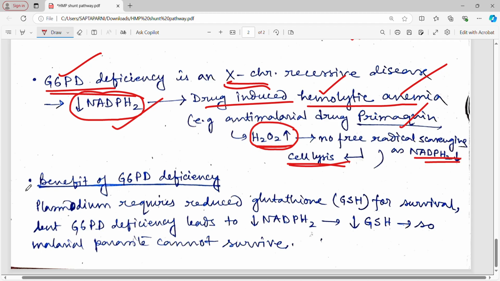See, wherever the forest cover is there, tribal peoples remain there, right? And in the forest we know that various mosquitoes are there, and the mosquitoes are vectors of plasmodium, the microorganism responsible for malaria. Now see, these plasmodiums need reduced glutathione or GSH for their survival.